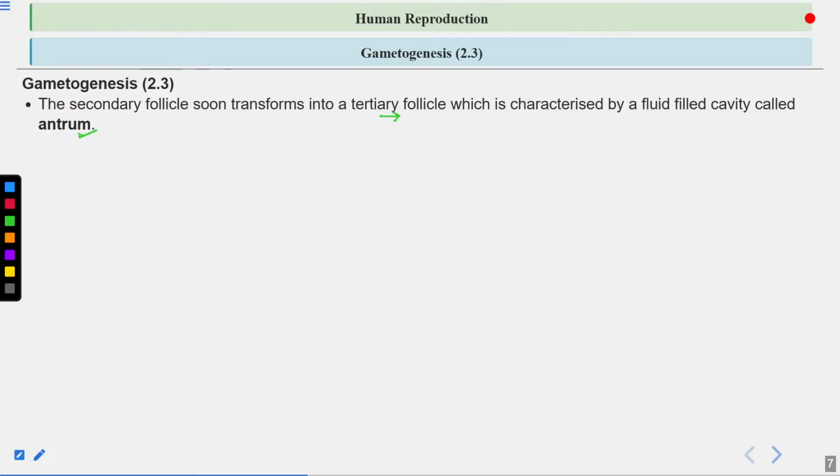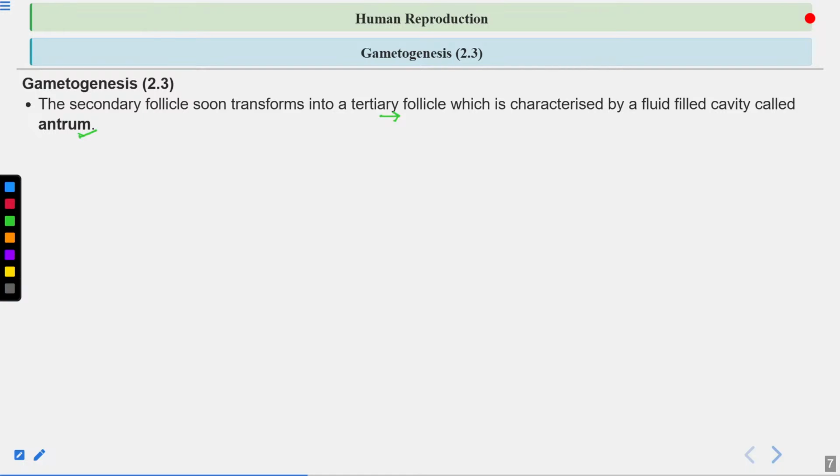So a question can come from here. Antrum is present in which follicle? So we'll say antrum is present in the tertiary follicle. Antrum is a characteristic feature of tertiary follicle. And what is it? It is a fluid-filled cavity that develops within the tertiary follicle. And this fluid is secreted by the granulosa cells which surround the follicle.